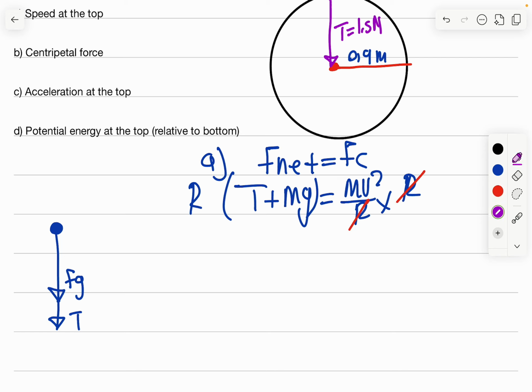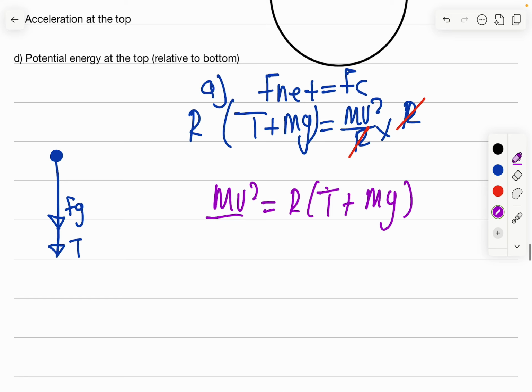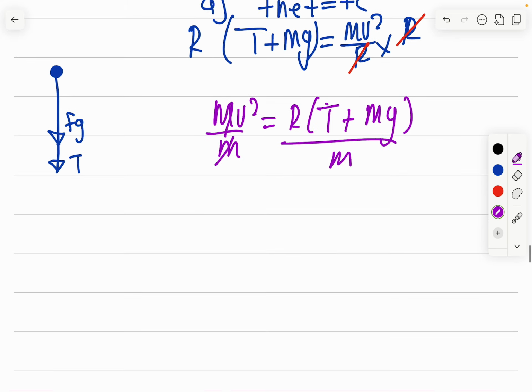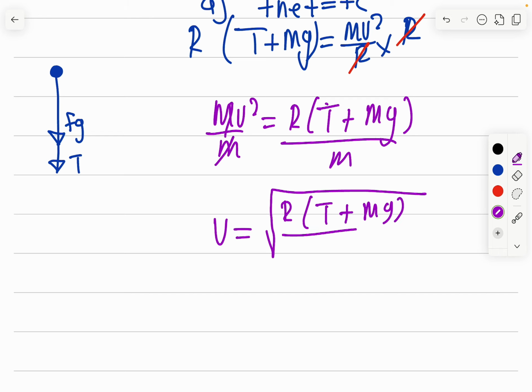I'm going to remain with mv squared equals the radius times tension plus mg. Therefore, you divide both sides by the mass, this one cancels that one. It means velocity is the square root of the radius times tension plus mg, divided by the mass.